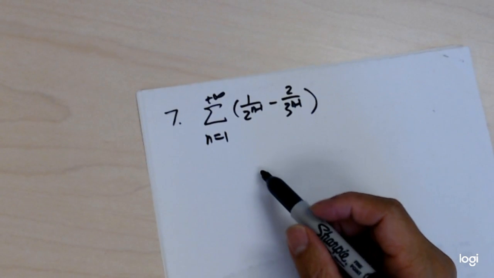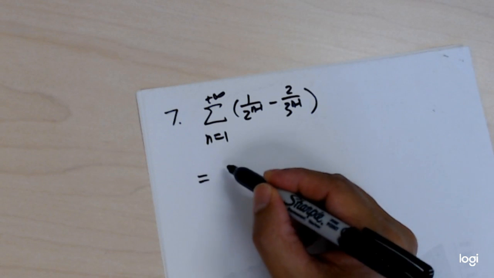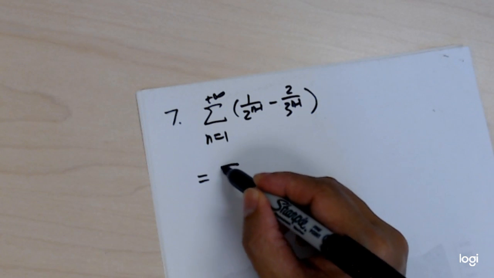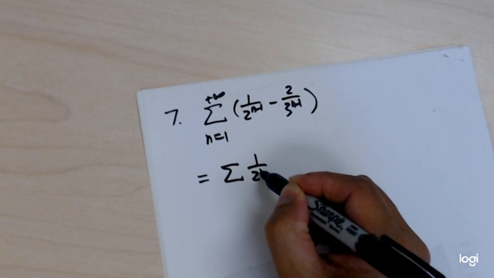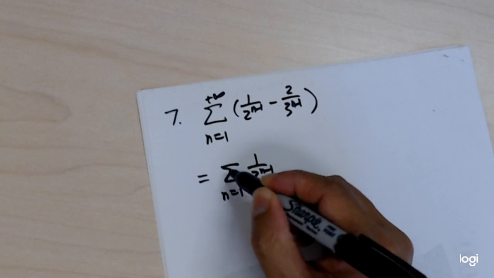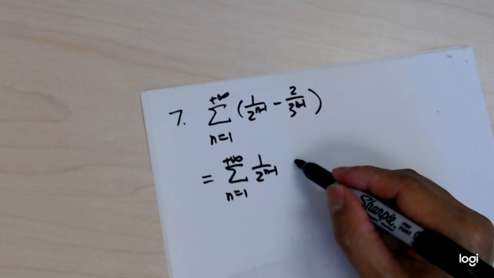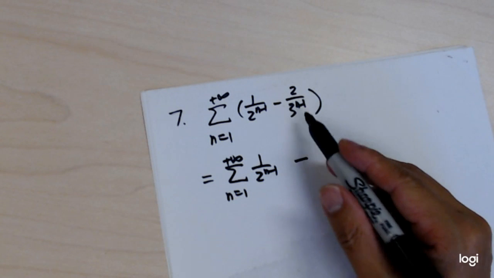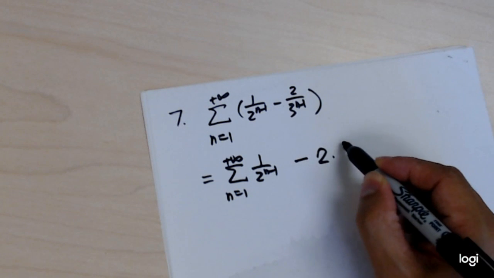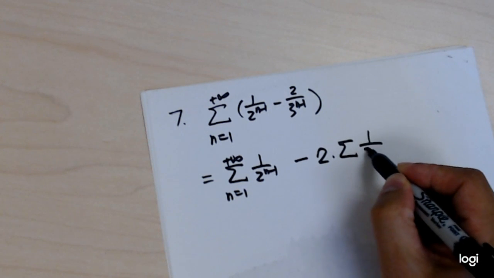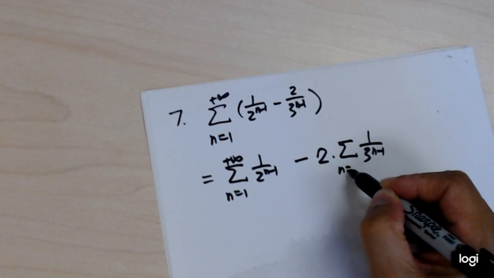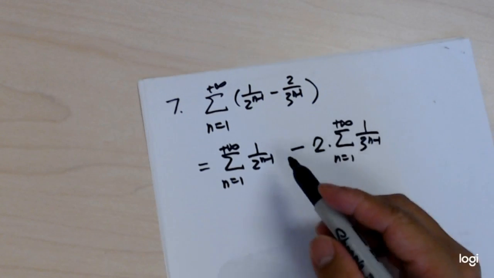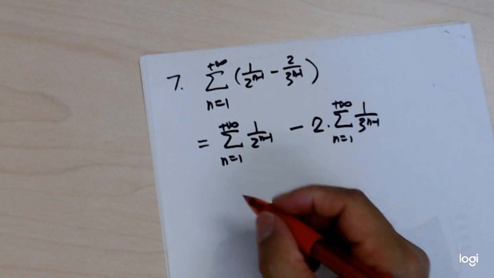It's very hard to find this out. Instead, you want to separate this into 2 different series. Minus. You can take the 2 out if you want. There's a 2 here.